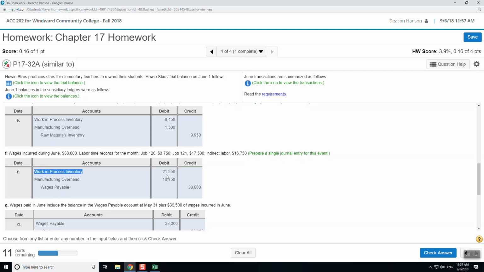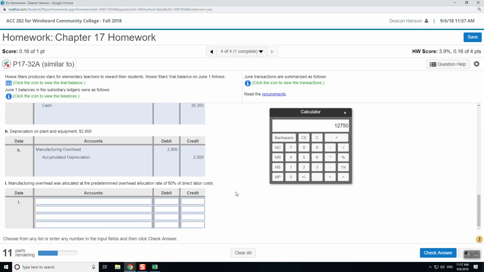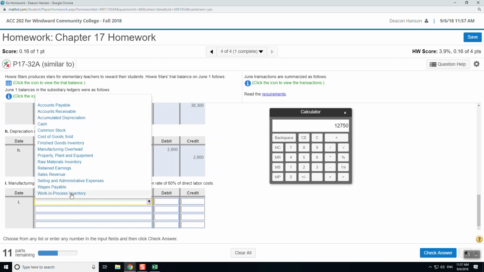So 21,250, and I'm not going to do this one in my head. I'm sure some of you can, but I'm just not there yet. So I'm going to take 60% of that, because that's the predetermined overhead rate, times 0.6. And that's the amount, 12,750, that I'm going to move out of overhead and put into work in process.